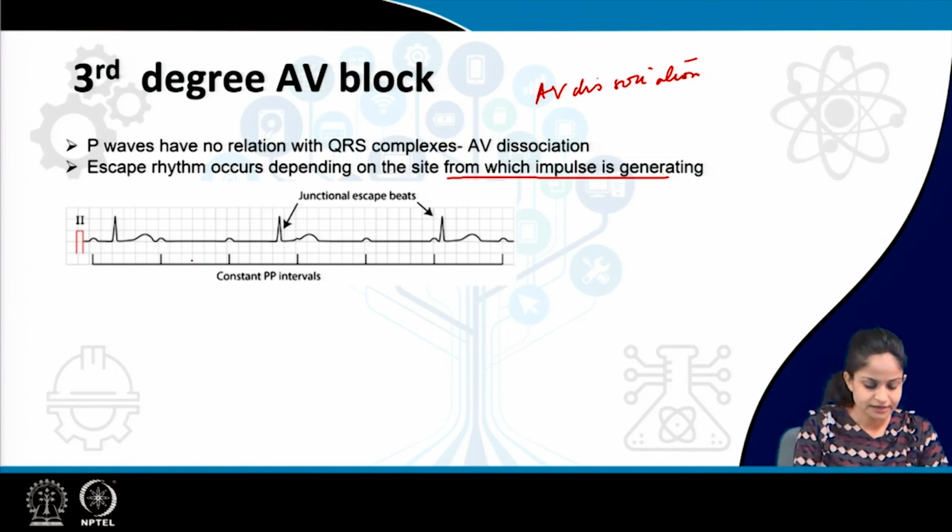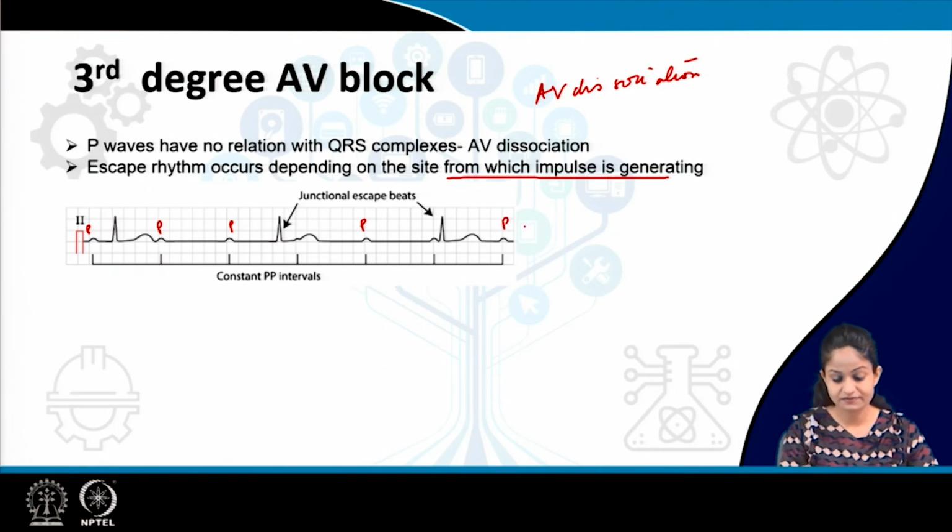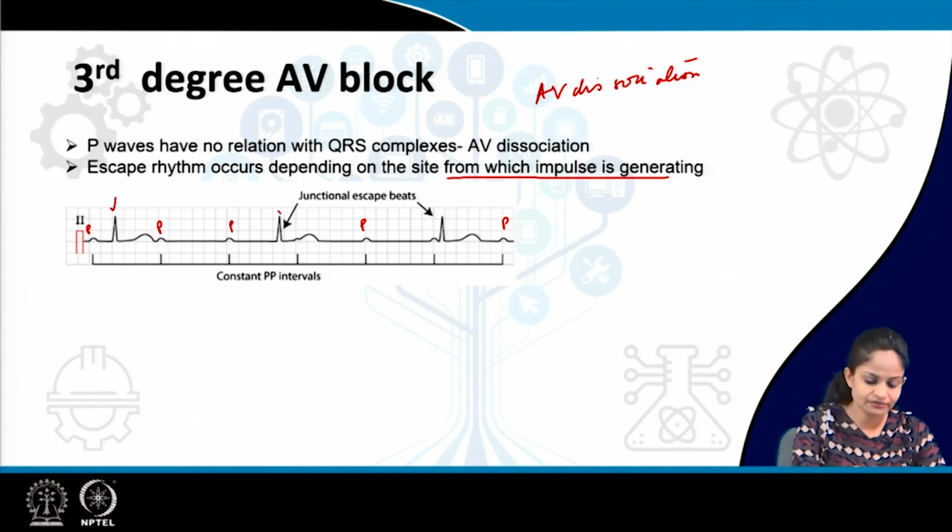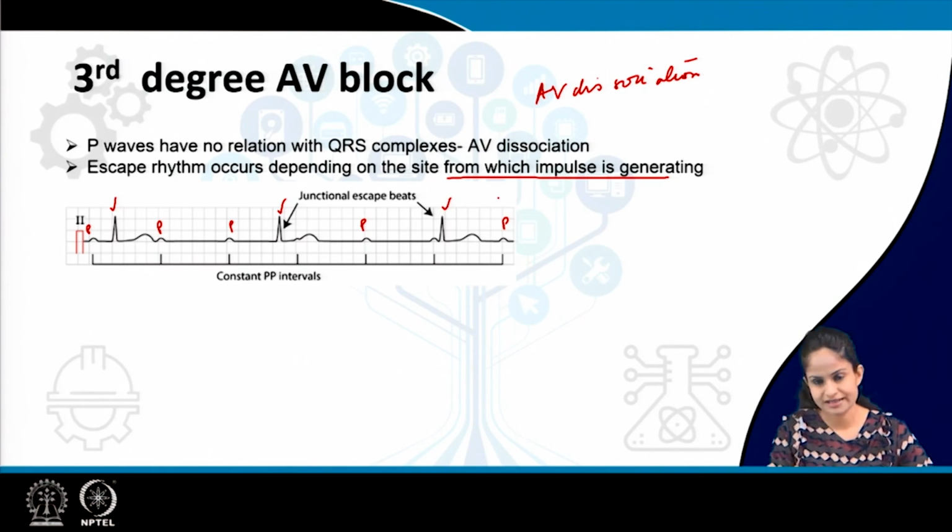So, we can see constant PP intervals. This is the P wave, this is the P wave, this is the P wave, this is the P wave. So, we can see the P waves are at constant spacing. Also, we can see the R waves are also at constant spacing.